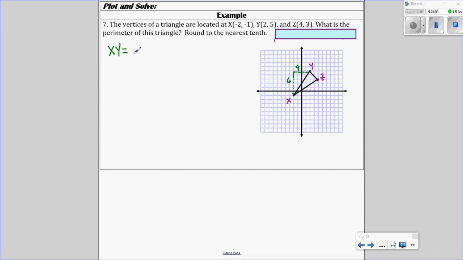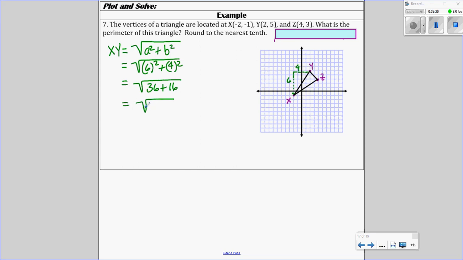So I'm going to use the Pythagorean Theorem. So a squared plus b squared underneath the radical. This is c, but I'm going to replace it because I'm looking for the distance for this one. So my rise over run, I can put any number. So I'm going to put 6 for a, and then 4 for b. 36 plus 16.